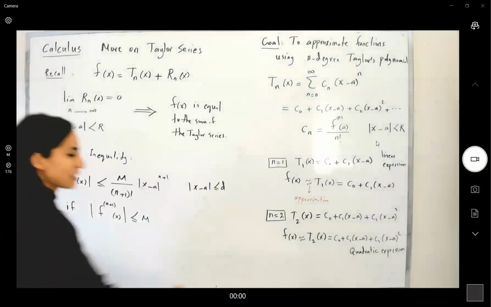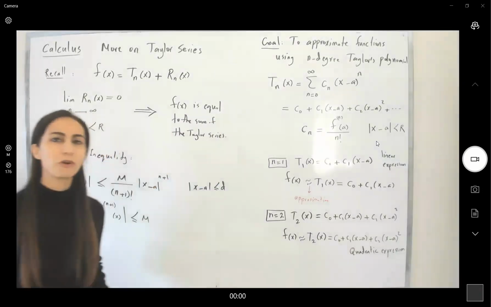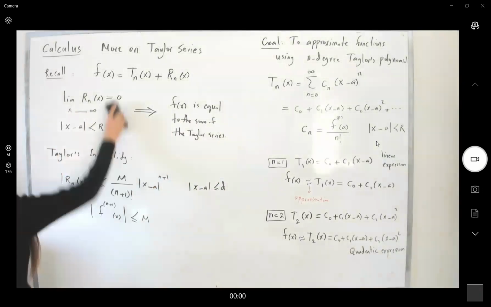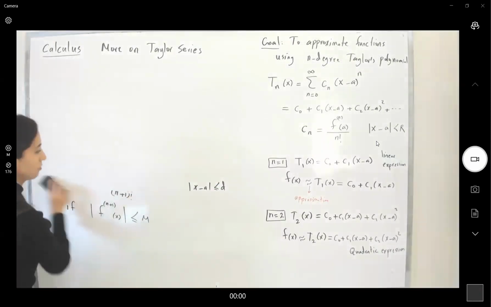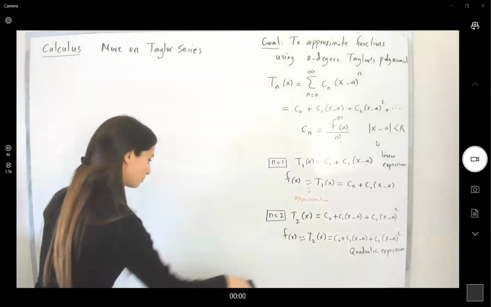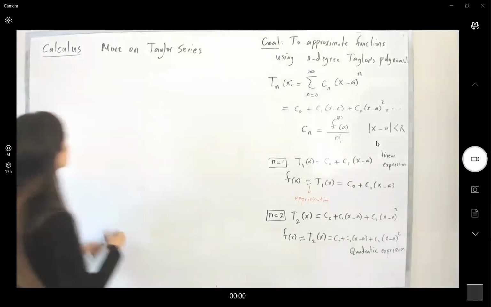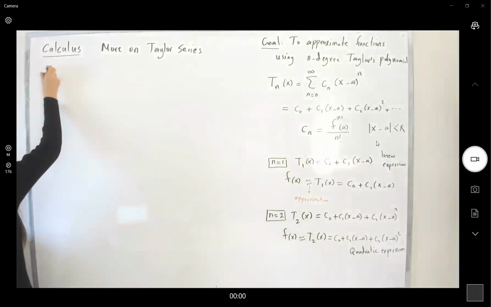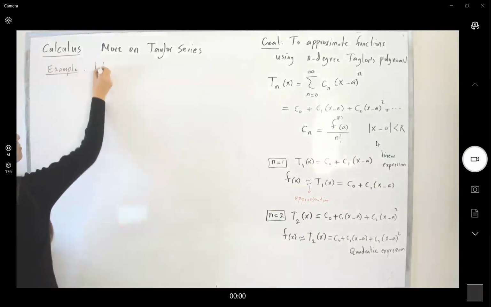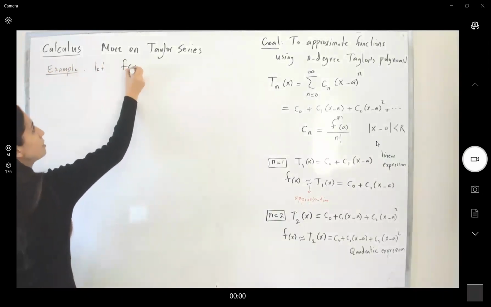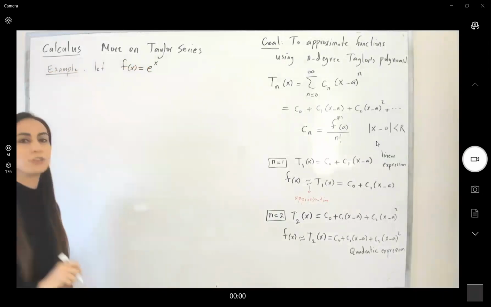Let's take a look at one example, the example that we saw before, e to the x. Let f of x be equal to e to the x.